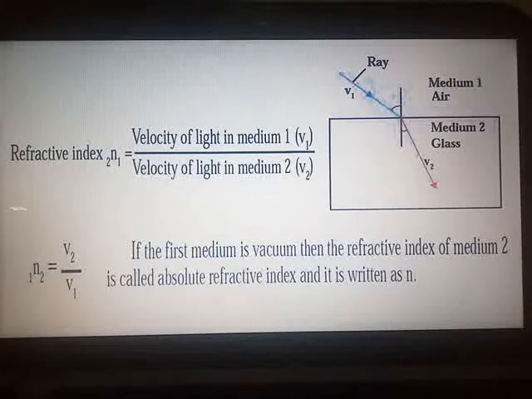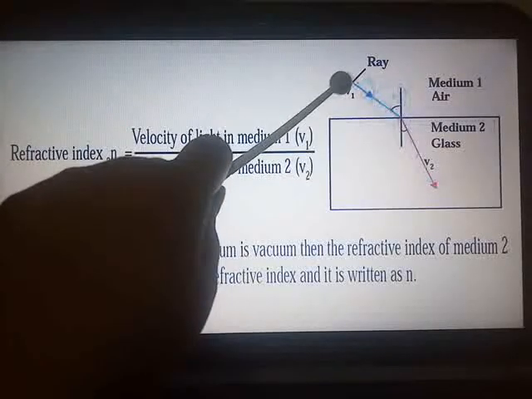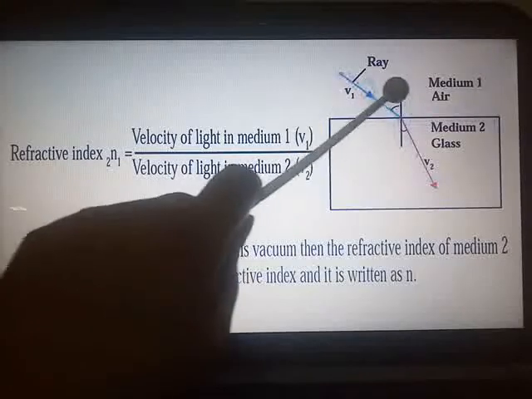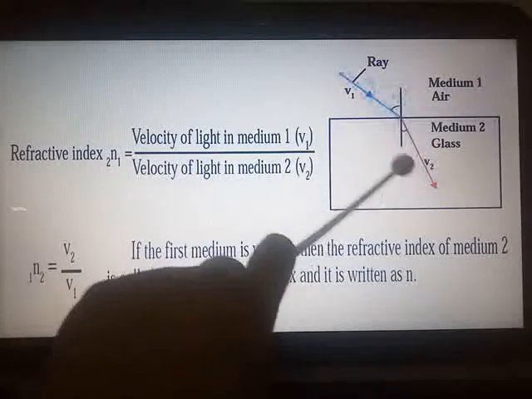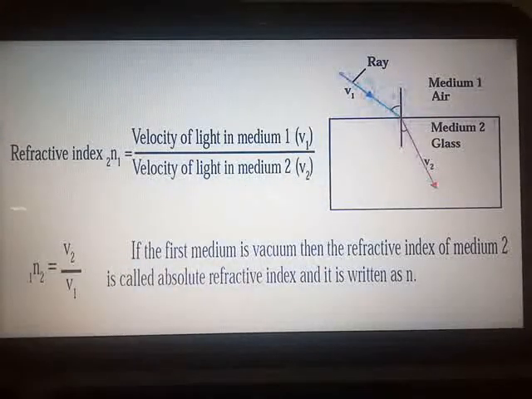Now let us find out the formula for calculating this refractive index. I have told you that refractive index depends on the velocity of light in a given medium. So, the velocity of light in the first medium we will consider as V1. For the second medium we will consider as V2. Here you can see for the first medium, air, it is taken as V1. For the second medium, glass, they have taken the velocity of light as V2.